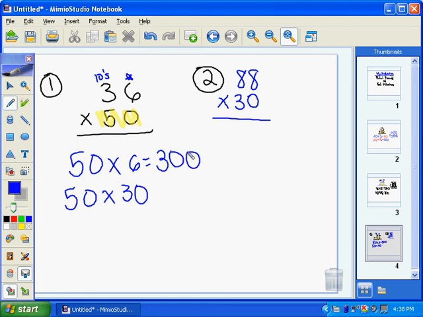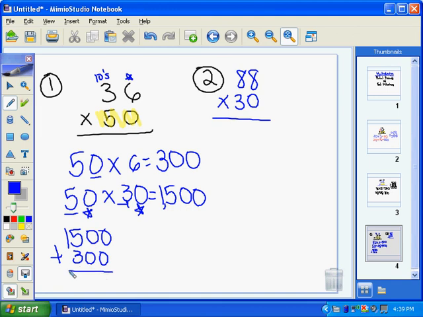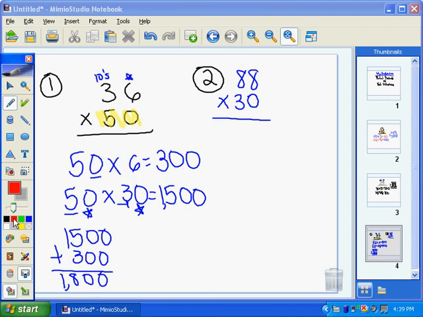Add a 0 that we have right here gives us 300. 5 times 3 we know is 15, but because of the 2 zeros we have here, we're going to add those to our answer as well. Going to put our comma, and we're going to add those. 1,500 plus 300 gives us 1,800.